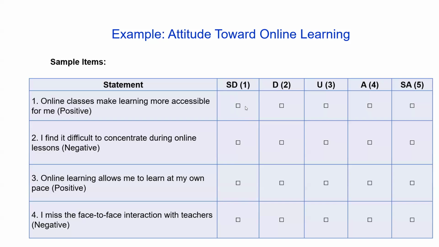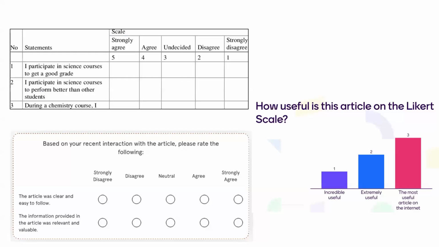If there are 30 students in the classroom, for the first statement you consider the answers of all 30 students and add all the marks. Then you divide it by 30 and you can get the average value for this statement. Do you understand?